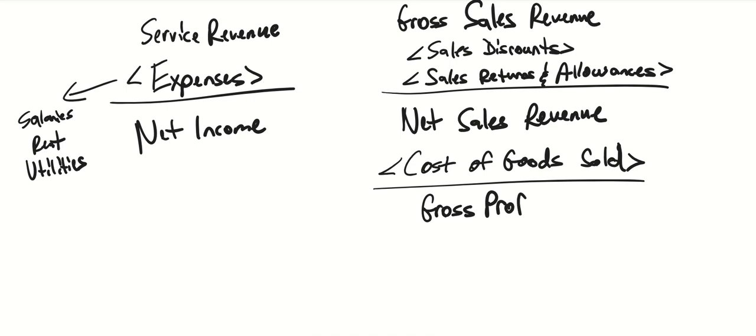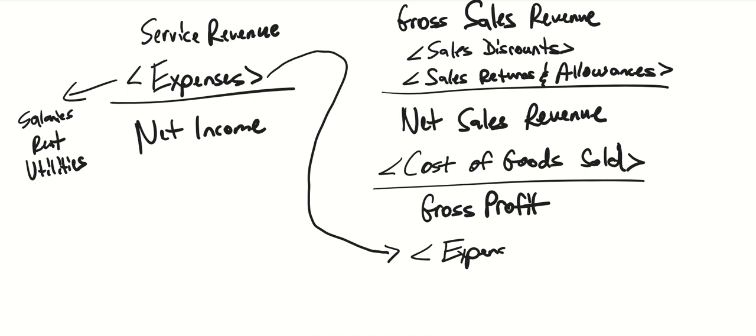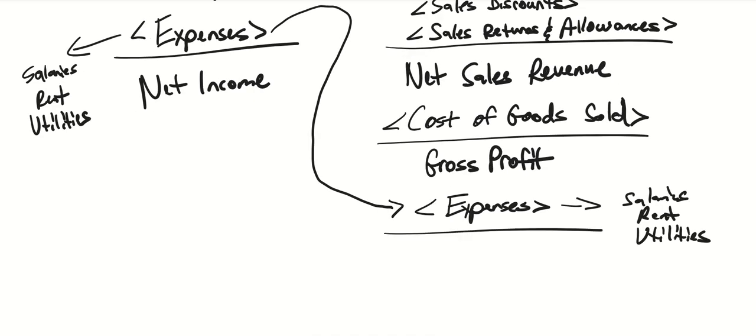Not your net income yet, your gross profit. Then after you figure out what the gross profit is, that's when you take these other expenses here, so salaries, rent, utilities. You're going to subtract them from the gross profit, and that's going to give you your net income.